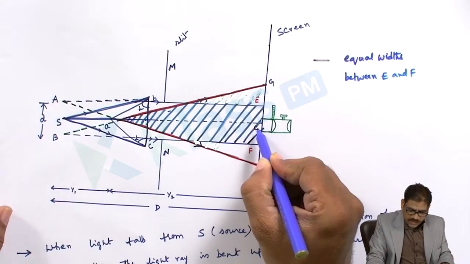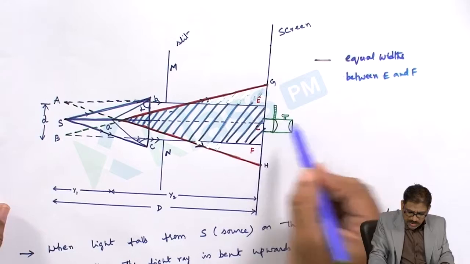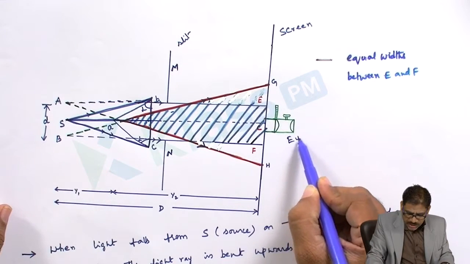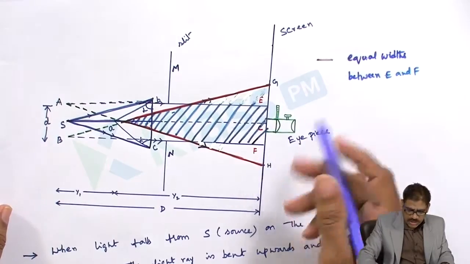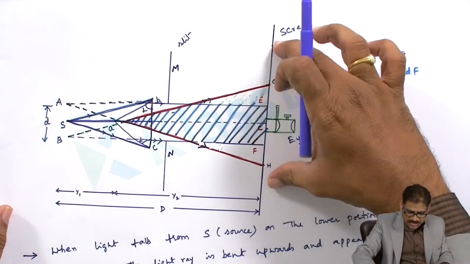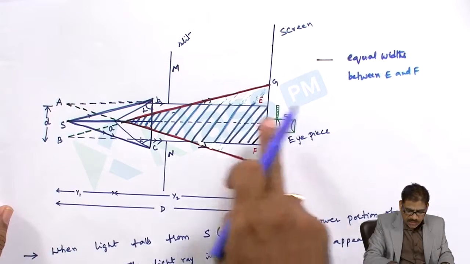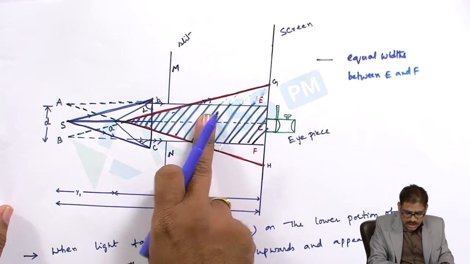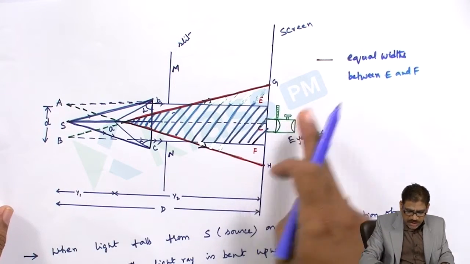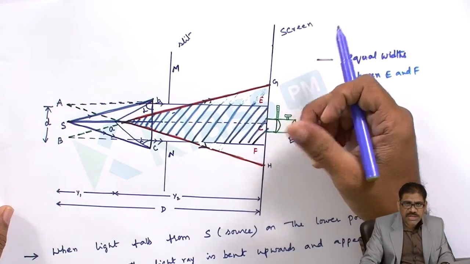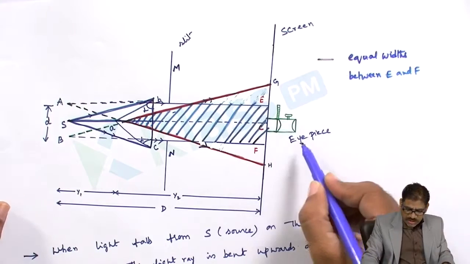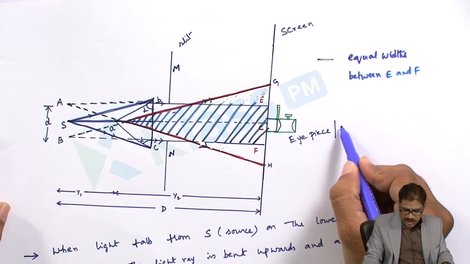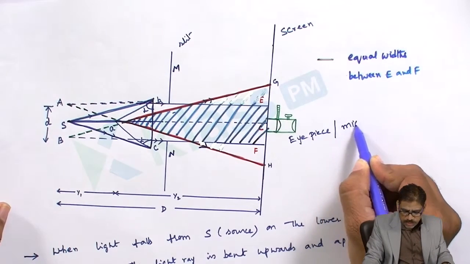Now here C is placed at this position, and it is also provided with an eyepiece. This is the eyepiece. If a screen is not placed, then just by replacing the screen with an eyepiece, we can see the fringes with this eyepiece, adjusting it in such a way that the width of the fringes can be seen. Or instead of an eyepiece, you can use a microscope.